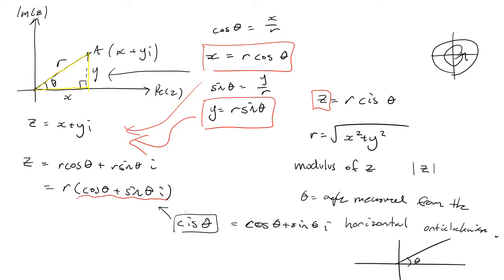And just one more thing, each complex number has more than one representation of its polar form. So what I mean is that we might have a complex number like 4 cis pi over 3. That could be a polar form of a complex number, but that's equal to 4 cis 7 pi on 3.